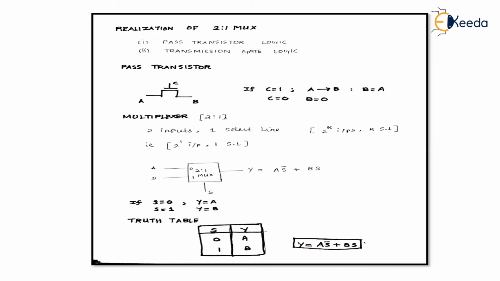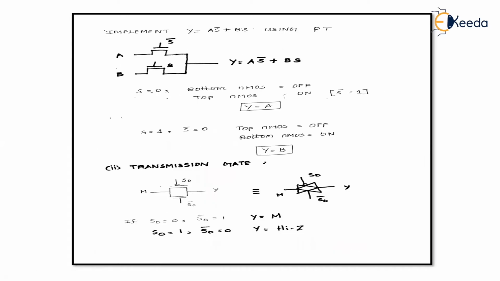Now, with this expression, I am going to realize the multiplexer using pass transistors. Now see, Y is equal to A S bar plus B S, using pass transistors. So now, Y is equal to A S bar. My control signal I am giving as S bar.